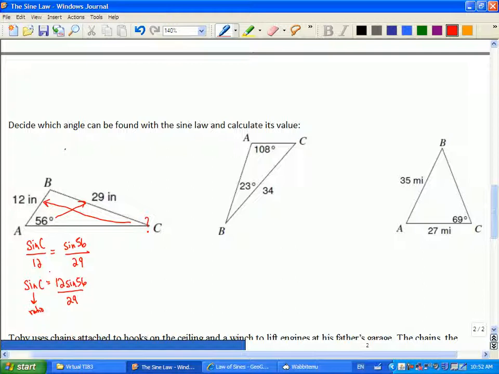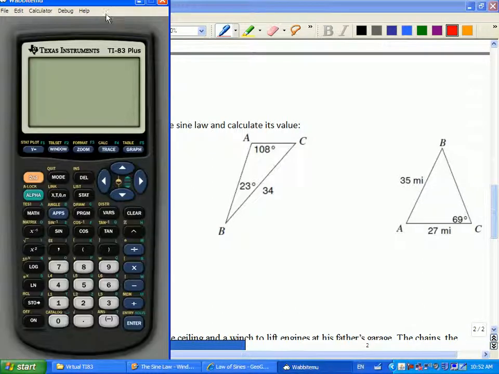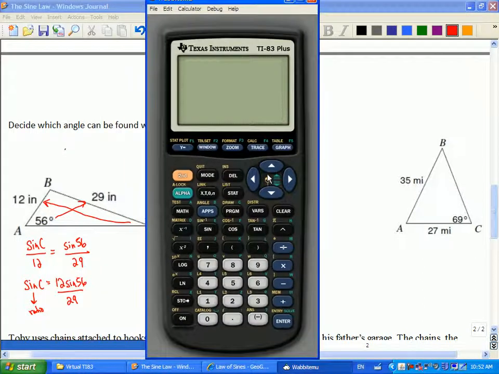And we want the angle. So that's why you got to remember, use the sine minus 1. So let's figure this out in the calculator. What's the value of 12 times the sine of 56 over 29? So that's 0.343.